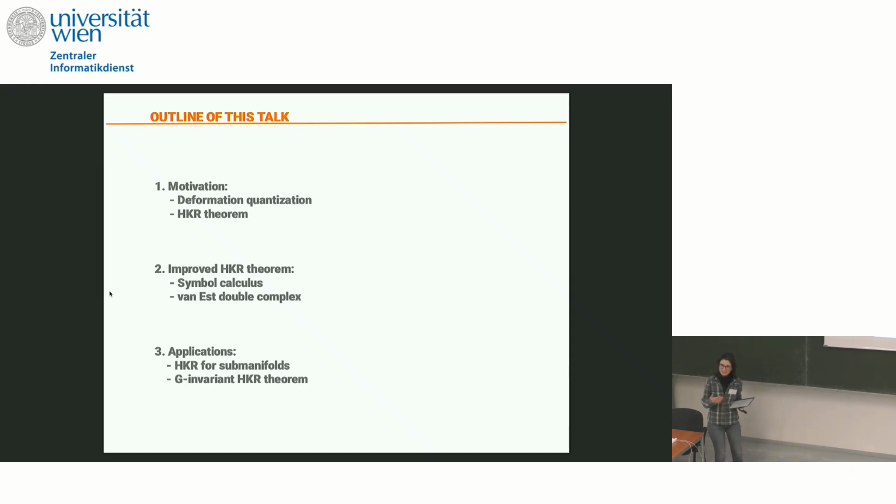It's more like a sanity check. But second, the G-invariant HKR, this is really, as far as I know, a new result. So I will show you that out of the nice functoriality property that I have, I can go to G-invariant. So Lie group action and G-invariant HKR.